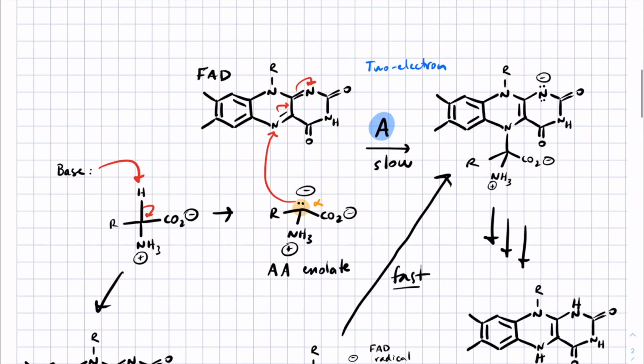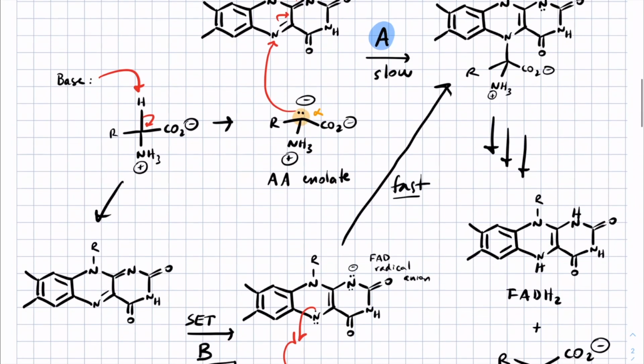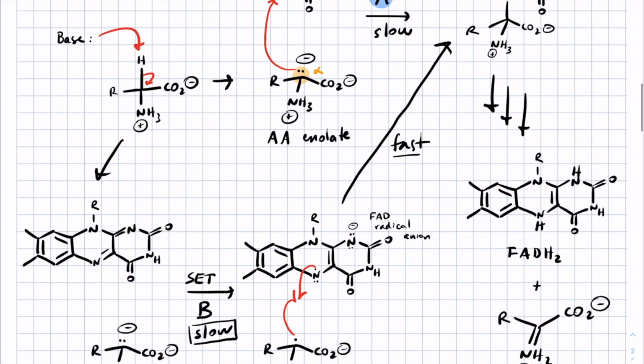After you get there, there are several subsequent steps that allow you to get to the fully reduced form of FAD, which is called FADH2, and then this oxidized amino acid, where instead of having an alpha carbon that's bonded to 4 different things, you have an alpha carbon that's bonded to only 2 or 3 different things.